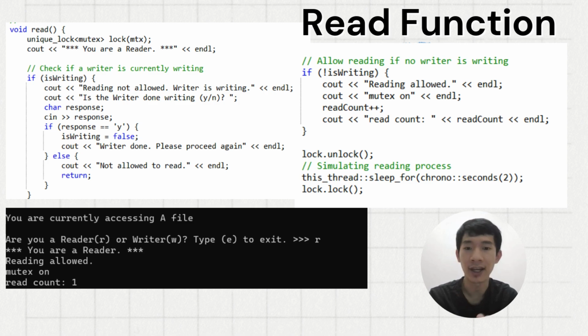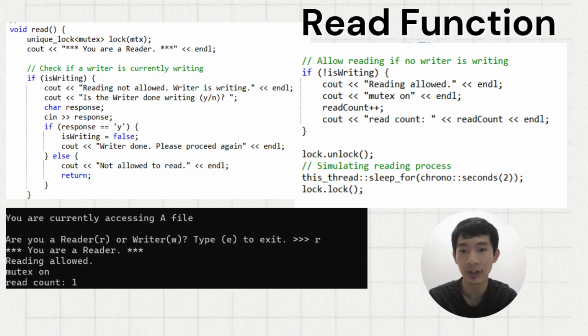If no writer is writing, which is always the case at the start of the system, then we allow the user to read the file. We also lock the mutex so that no writer can write.